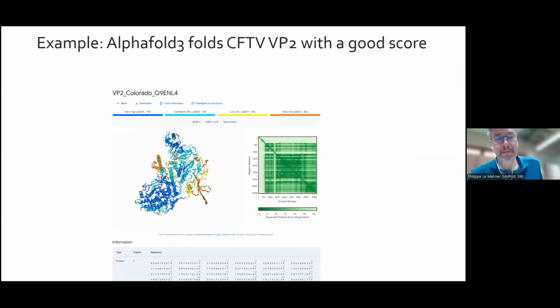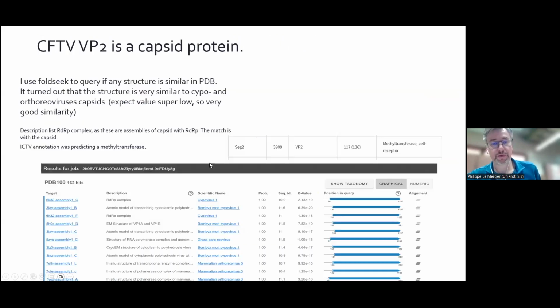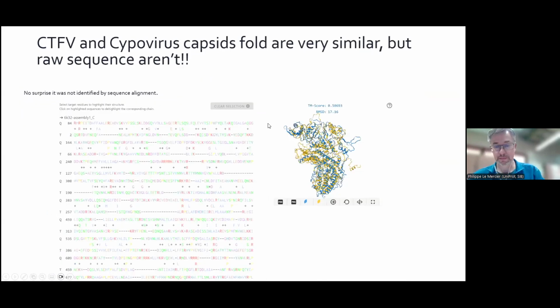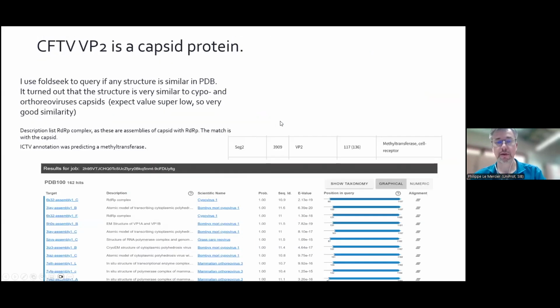So VP2 is completely typical of the capsid of icosahedral T2 proteins, which we expected Colorado tick fever virus to have. So when we make a fold-seq of it, I'm sorry. Okay.